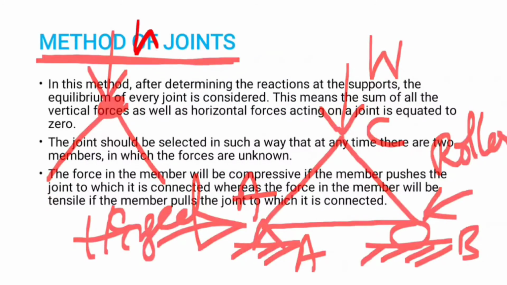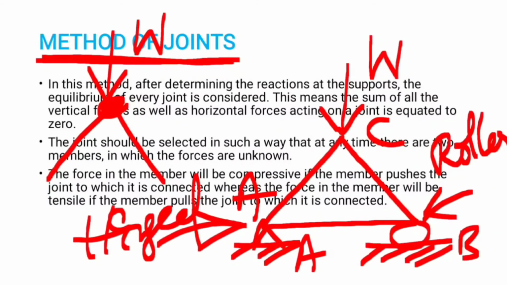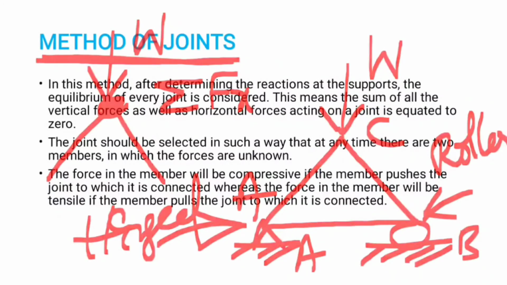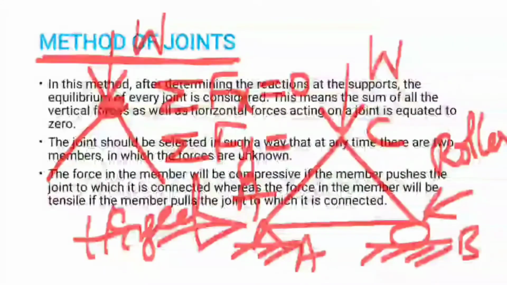This is W. For every joint like this, even if a complex truss is given, we consider the equilibrium equations. That means sigma Fx equals 0 and sigma Fy equals 0.